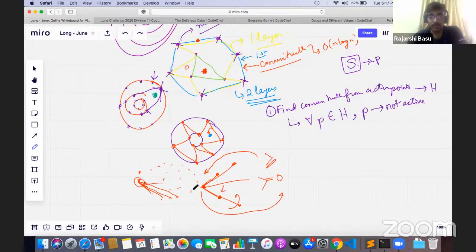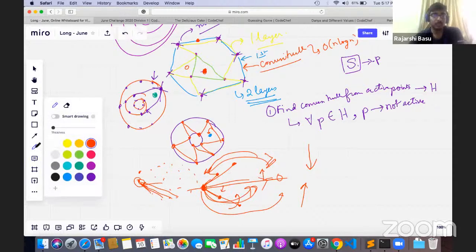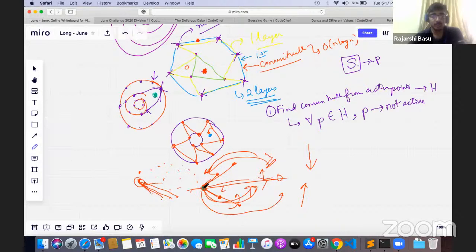You can take everything that is below the pivot and sort them by angle, then by increasing order of distance, and everything that is above the pivot, you sort by angle and then decreasing order of distance. Or you can build the lower hull and upper hull separately, like take the first pivot here, build the lower hull, then take the second pivot here, and it's kind of symmetrical. You use the same comparator function. This code is elaborated in the tester's code.